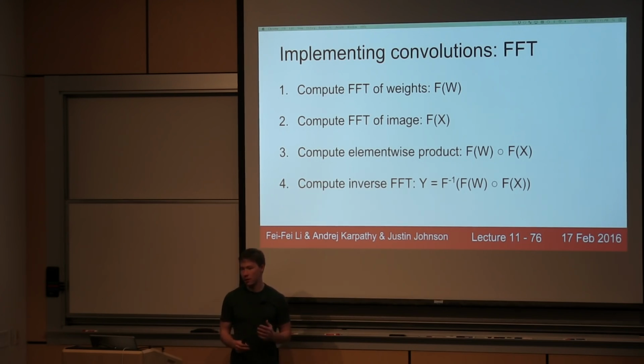First we use the fast Fourier transform to compute the Fourier transform of the weights, and also compute the Fourier transform of our activation map. Now in Fourier space, we just do an element-wise multiplication, which is really fast and efficient. Then we use the fast Fourier transform to do the inverse transform on the output of that element-wise product. And that implements convolutions for us in this cool, clever way.